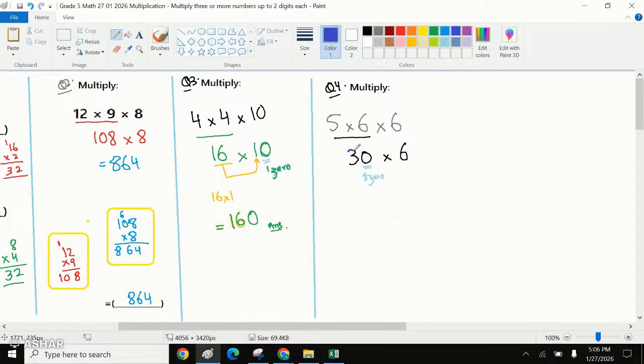Can we multiply 3 multiplied by 6? 3 multiplied by 6 is 18, and since it ends with a 0, we simply put a 0 over here. The answer comes out to be 180. Agreed?